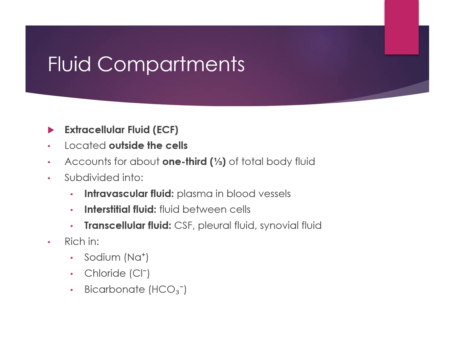Then we have transcellular fluids. Trans means beyond, or through, or across. So these special fluids are produced by cells and then transported across these cells into special cavities, such as the CSF, the cerebrospinal fluid, the pleural fluids which are around the lungs, and the synovial fluid which is located in the cavities around joints.